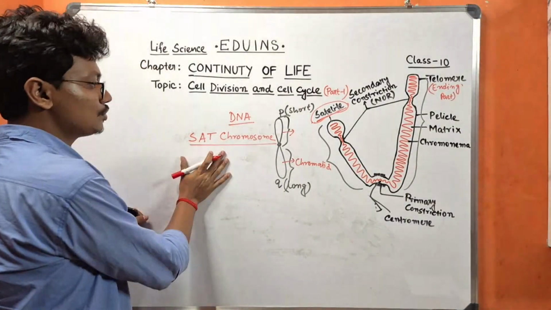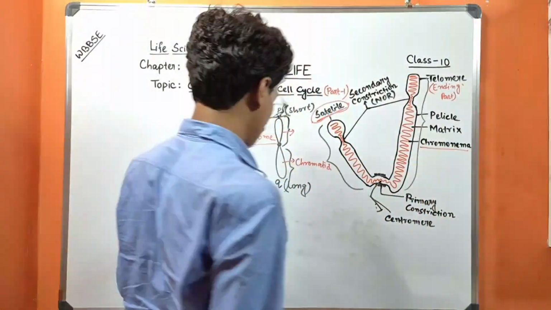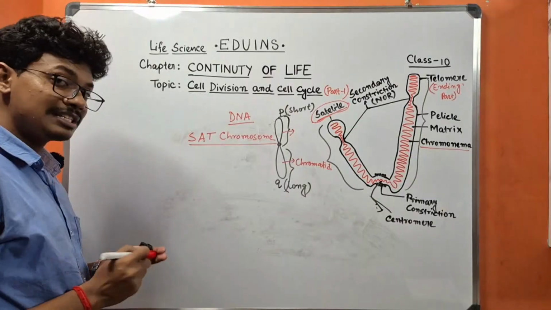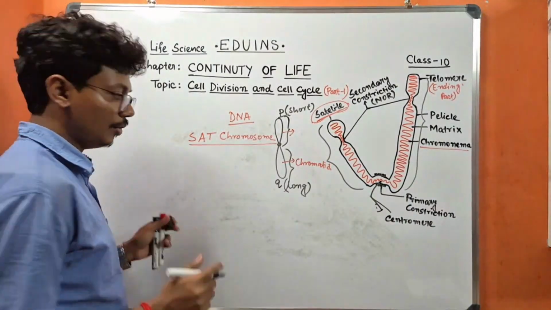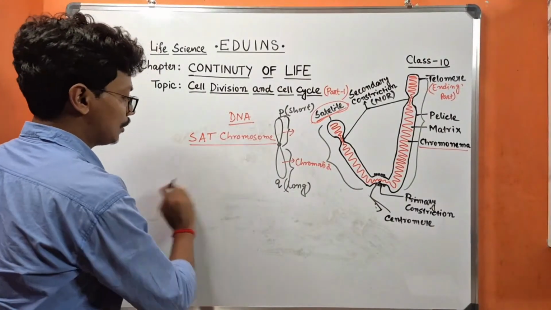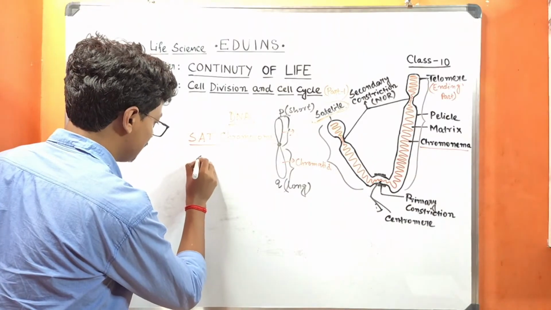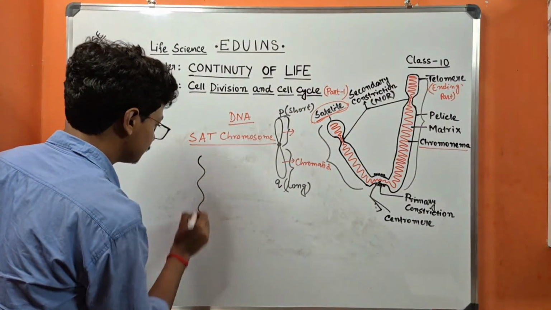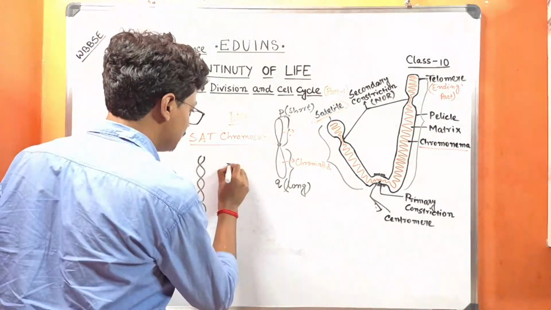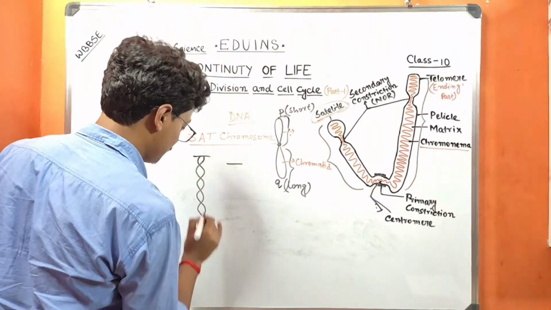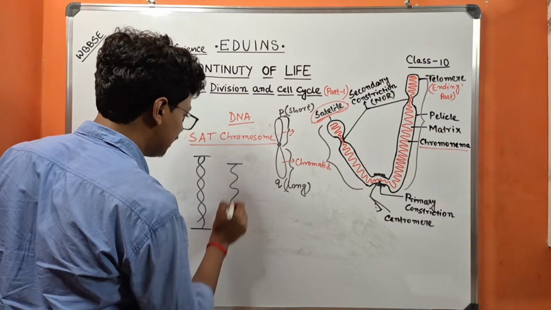Next one is the part that is chromonema. Before going to the structure of chromonema, the DNA, or the genetic material of the chromosome, is present in two forms. One is like this spiral, and another one is simply coiled.